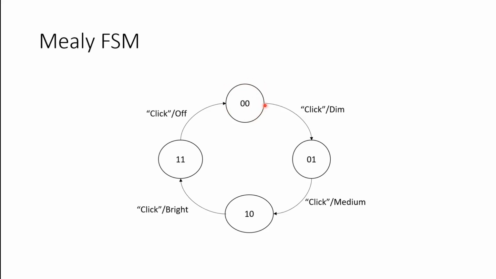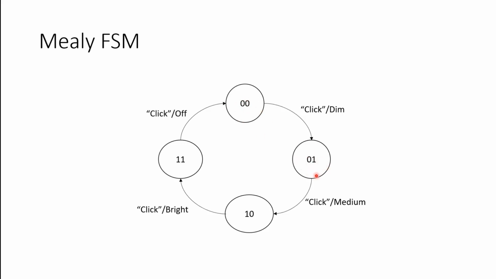When I touch that lamp or pull the string to turn it on once, the input to that is that click, and the output as a result of that input is the light emitting some sort of dim brightness. And then I transition to state 0,1. Notice in this case, we do not say that in state 0,0 the light is off, or in state 0,1 my output is dim.